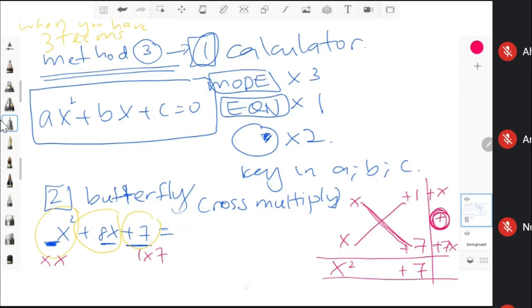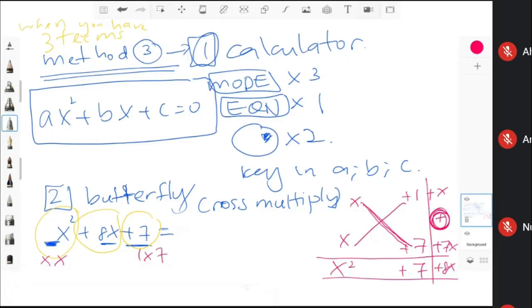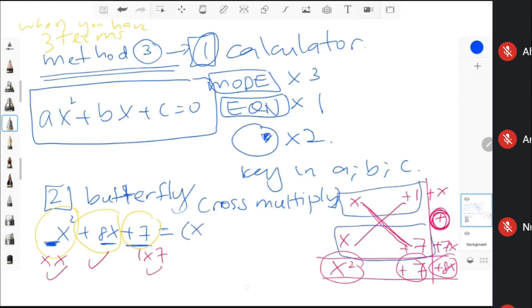So plus X plus 7X is how much? Plus 8X. So you double check and see. Is this correct? Yes. Is this correct? Yes. Is this correct? Yes. So eventually the way you write will be X plus 1, X plus 7.